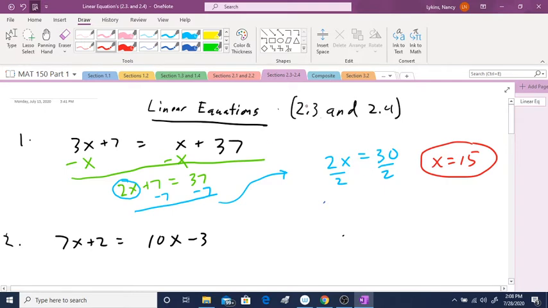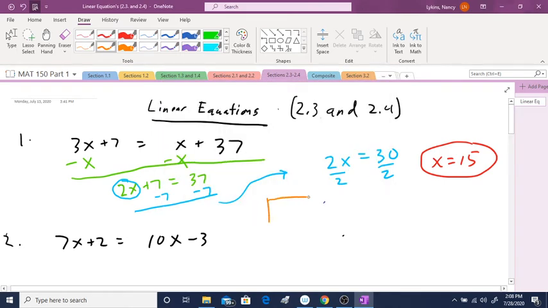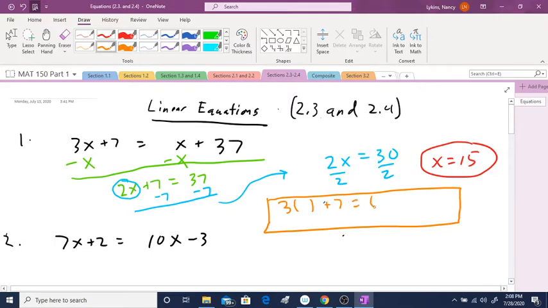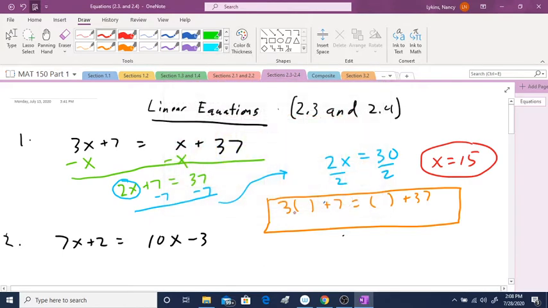Now, on this problem, I want to show you a quick method, especially since it's a whole number, to check your work. I'm going to put the check in this little box. I'm going to rewrite the equation, except for the x, I'm going to put parentheses in, and substitute that 15 in there.